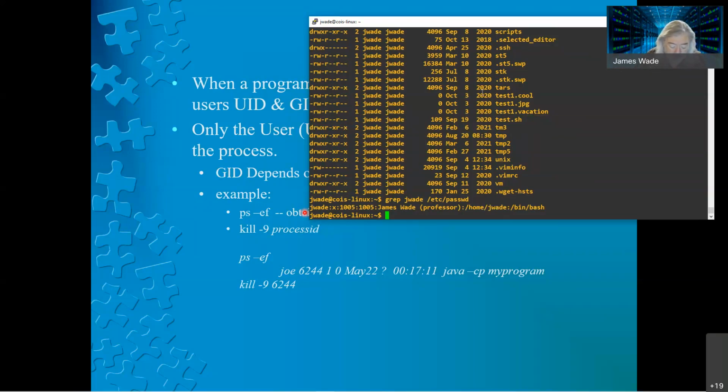It would look something like this: drwxr-x---, and I'm going to say 1, and then it would show 1005 1005. That's what it would look like. So what does that tell you?